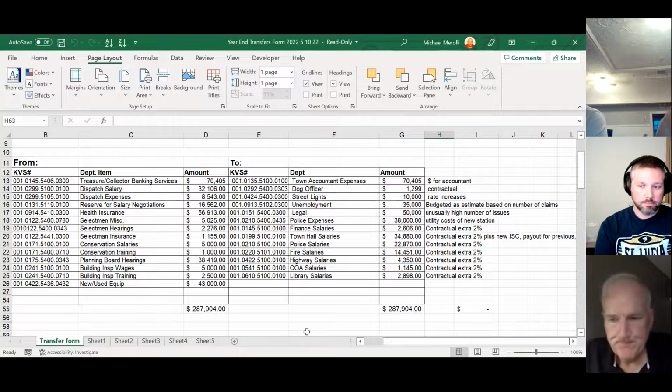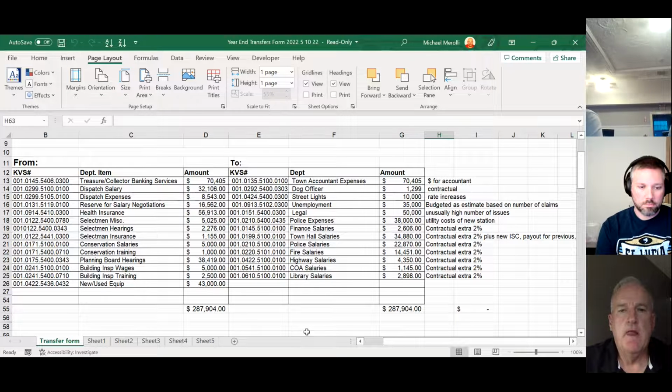So rather than waiting for somebody to send you an email, Mike, you'll be able to log in on your computer and look at it in real time as the process goes on. You'll have more access to the working documents, so you'll be able to answer those questions yourself. And of course, you'll be more ready at a meeting, as long as you have time to look at it ahead of time to digest it and be well informed. So we save a lot of time at the meetings.